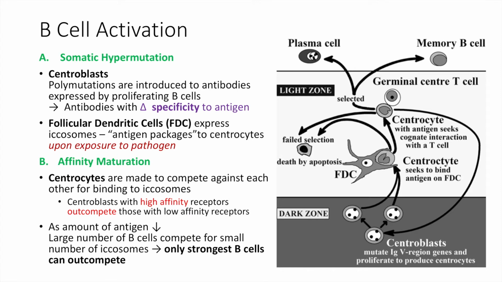Therefore, only the strongest B cells can outcompete and bind to the iccosome, and get the signal transduction events which allow it to leave the germinal center and mature into either an effector memory B cell or an effector plasma cell, which then goes on to produce various antibodies such as IgG, IgM, IgA, and others.